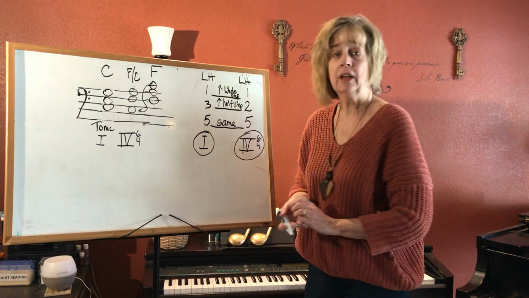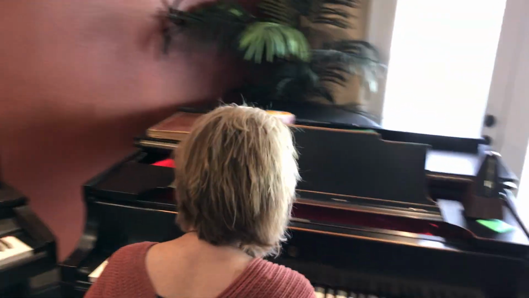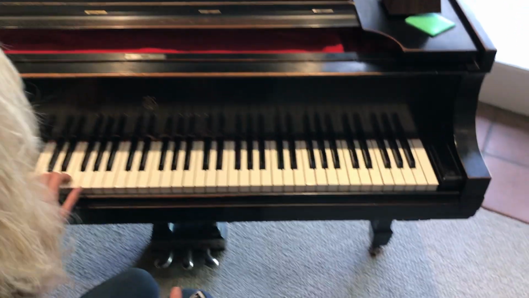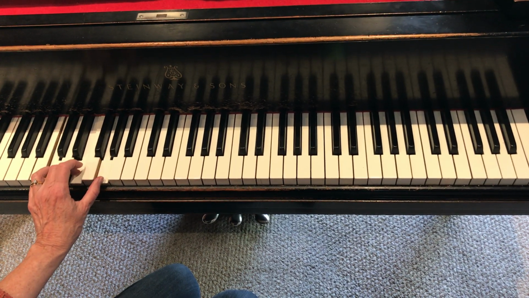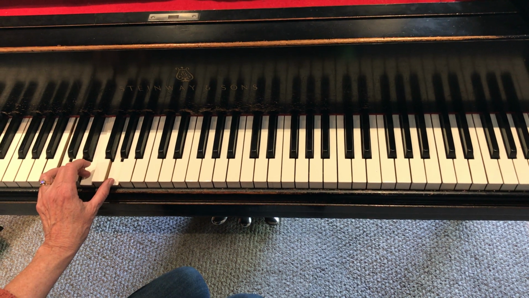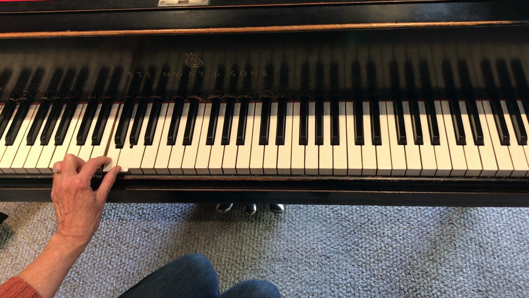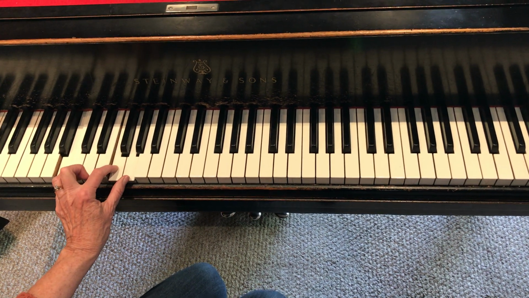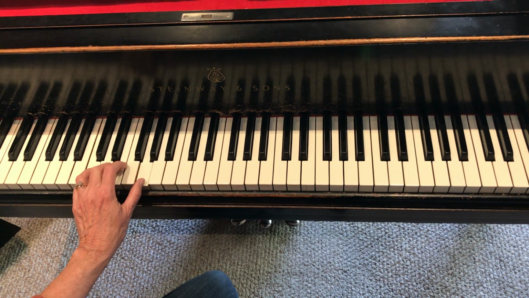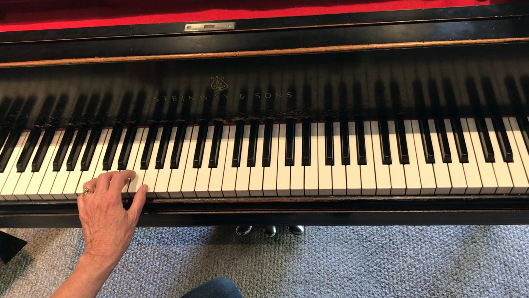So let's see how that looks on the keyboard. I'm going to start in the key of C and play my number 1 triad. As we saw last week, to get to the 5 6/5, we went down a half step, and your third finger went up a half step, and that's how we got to the 5 6/5, our dominant 7th chord in first inversion.